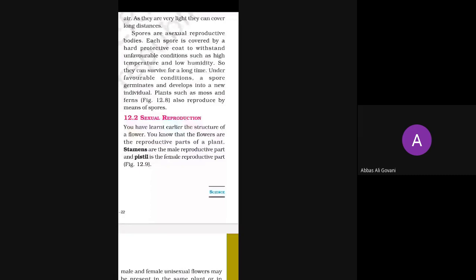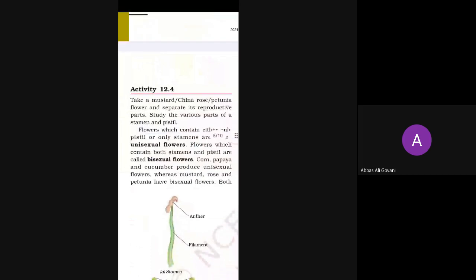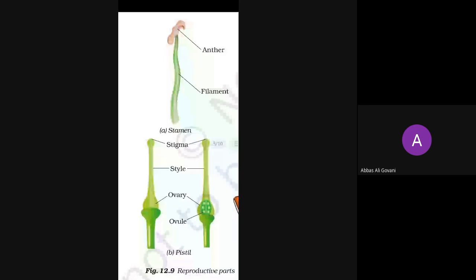Okay. Now I will show you figure 12.9 first, and then we will explain. I explain you now. Now say stamen is the flower's male reproductive part, and pistil is the female reproductive part.